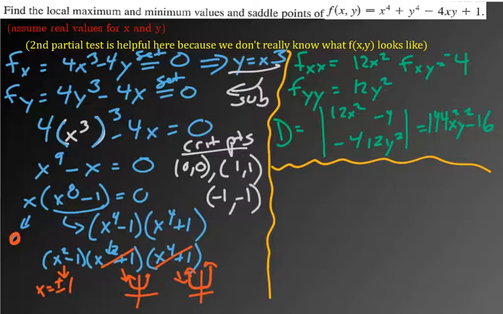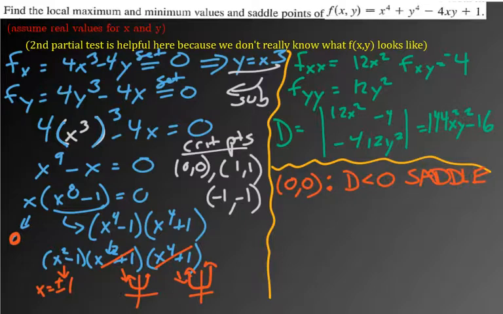So this will be the end result here. If you do 0, 0, we need to evaluate this d at that point. If you plug in 0, 0, you get -16. So you can see that here d is less than 0, and that is our saddle case.